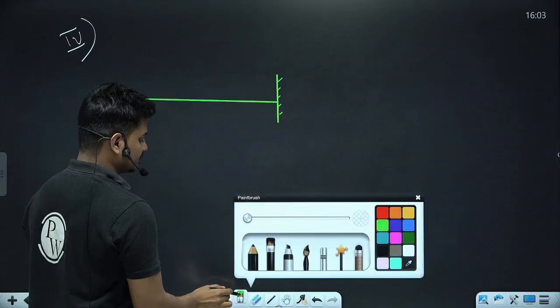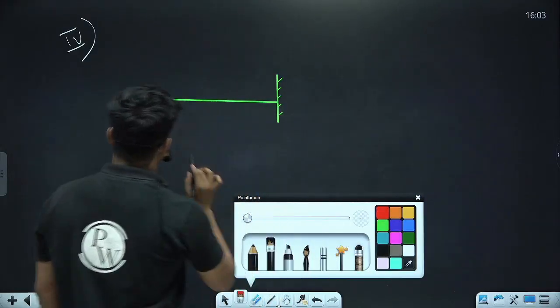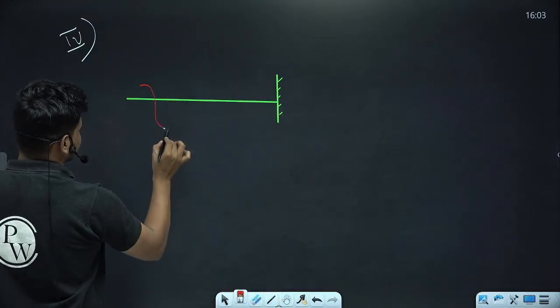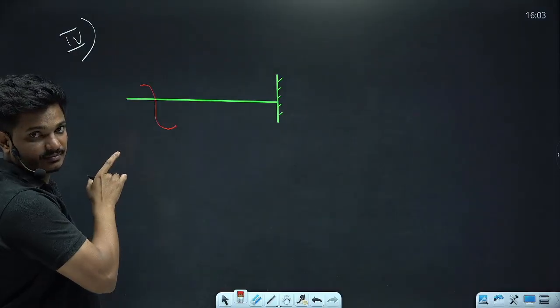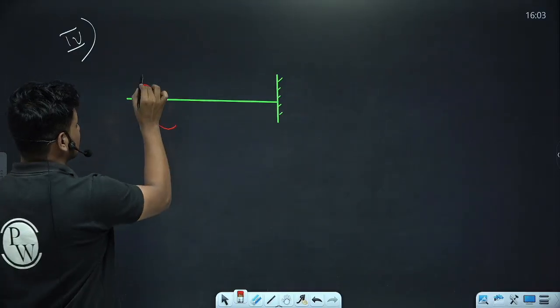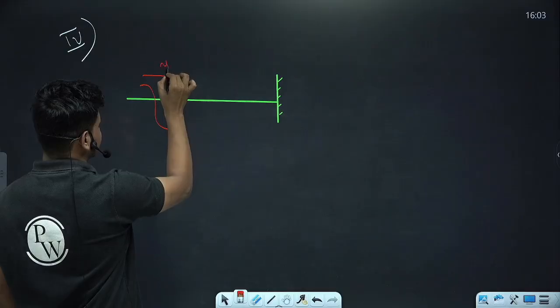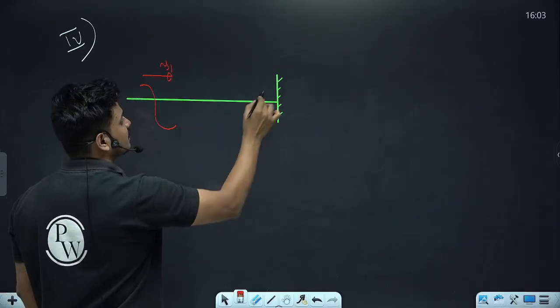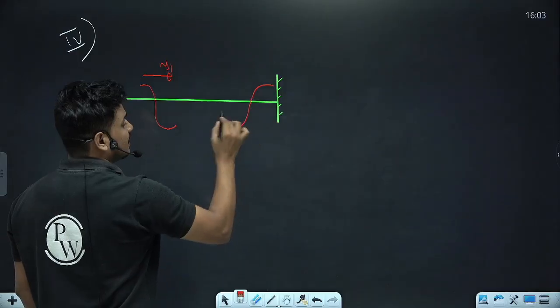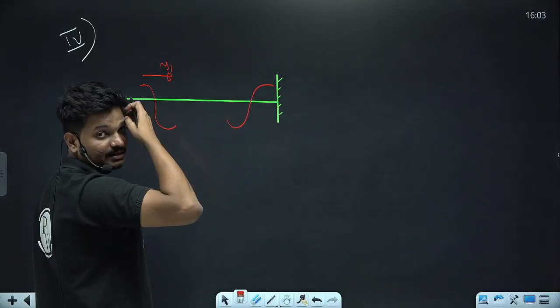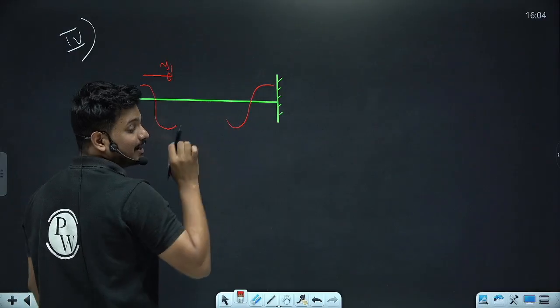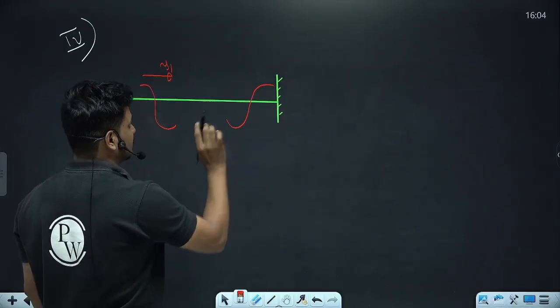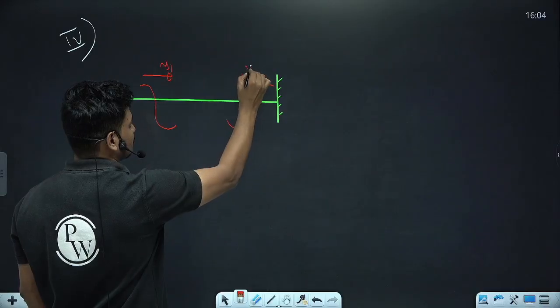If a wave is generated like that, similar to a cos graph, it goes like this. This is y1, and this is a fixed end. What happens? It will be reversed, there is a pi phase difference between them. So this is our y2.